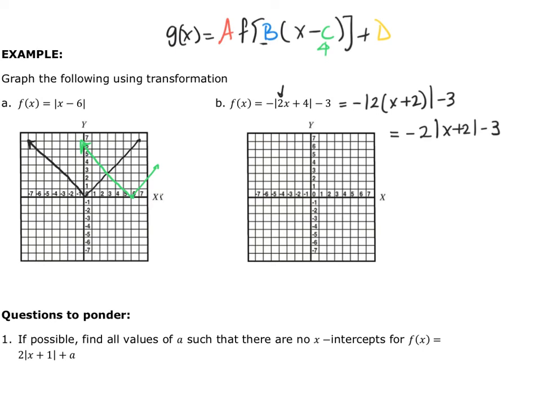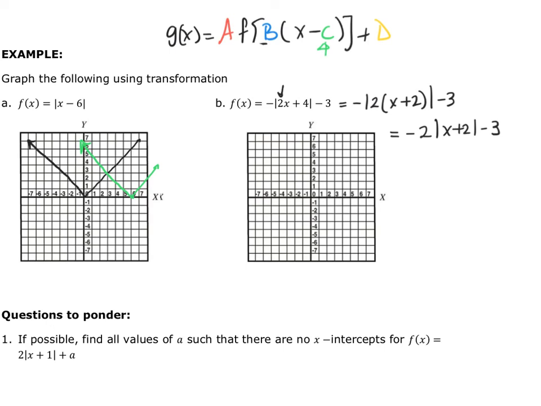If I would have left this 2 inside, that 2 would have been a compression by 1/2, but bringing it out, it does a vertical stretch by 2. So this 2, which is a compression by 1/2, equates to a vertical stretch by 2. Negative just means it reflects over the x-axis.